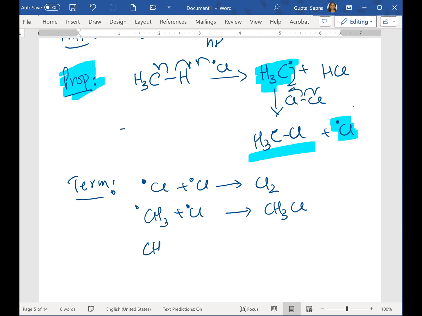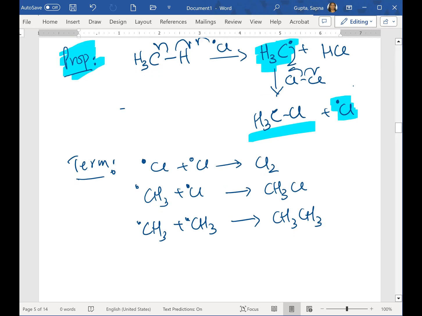If you want, you can write this. And if you think I'm writing too fast, you will too. You will see once you get it, you'll say, yeah, I got this. I'm going to write "or", because you don't have to write all of these. You can write any one of these reactions to show me that the reaction is terminated.